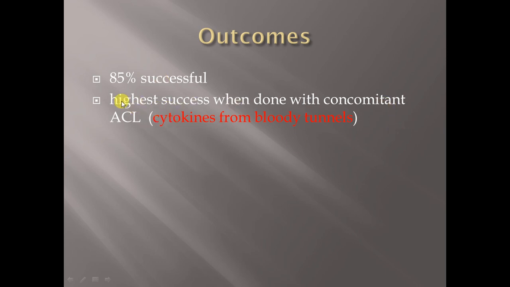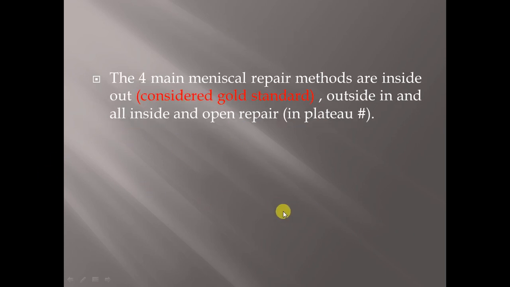Theoretically, if combined with ACL reconstruction, it increases the healing rate. This is actually a little bit controversial now. They claim that when you are drilling the femoral and tibial tunnels, a lot of mediators come through the blood, enhancing the healing of the meniscus.